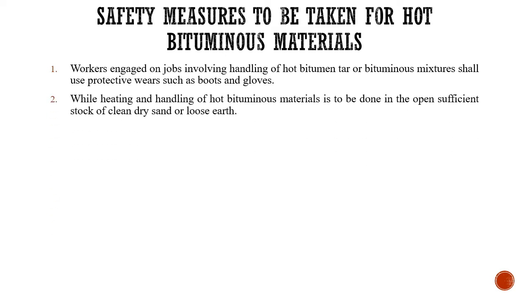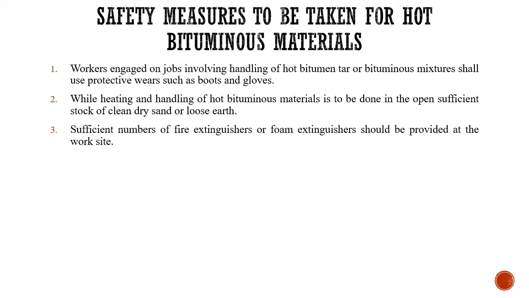While heating and handling the hot bituminous materials, it should be done in an open area. Sufficient stock of clean dry sand or loose earth and sufficient number of fire extinguishers or foam extinguishers, that is firefighting equipment, should be provided at the work site.